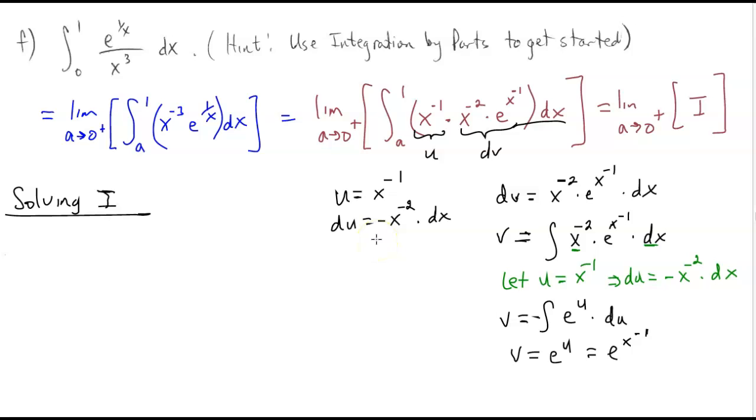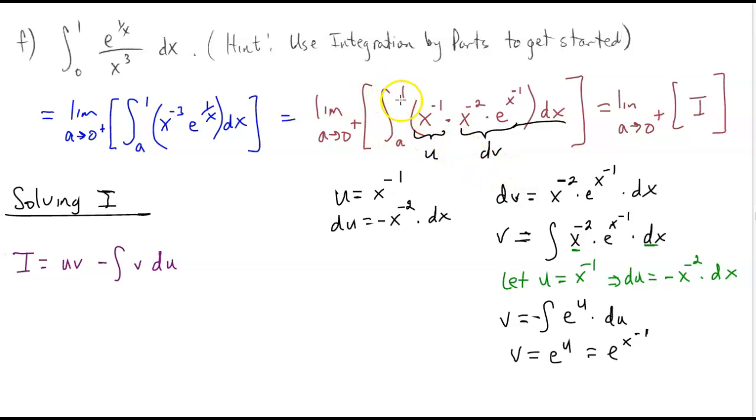Okay? And so now that we have that together, we could go ahead and say that I is just going to be uv, minus the integral of v du.